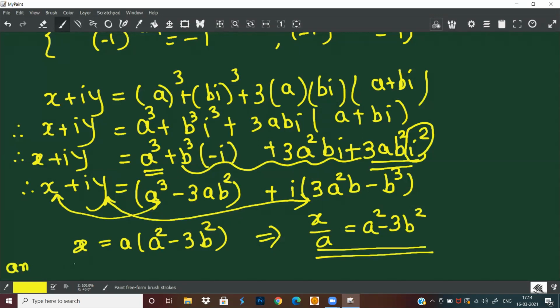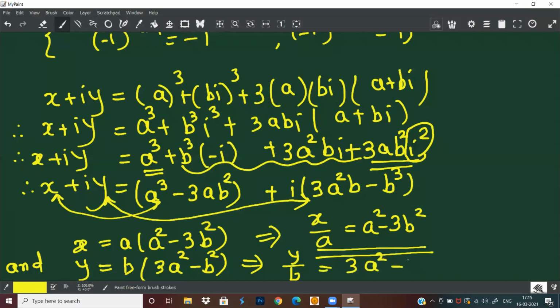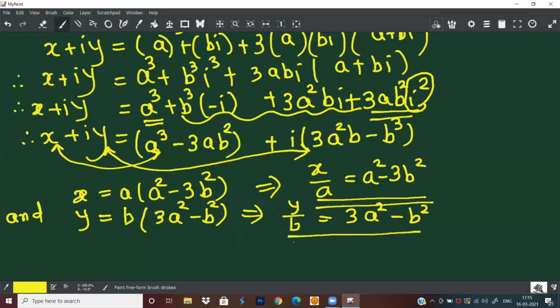And अभी ये दोनों में b is common. y upon b is 3a square minus b square. ये आया मेरा x upon a, ये आया मेरा y upon b. अभी ऐड कर लो.